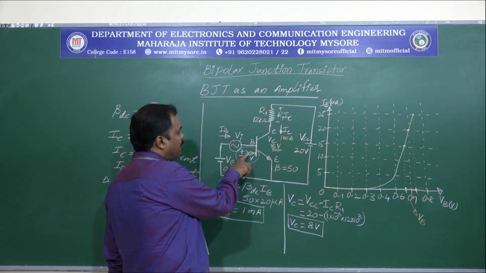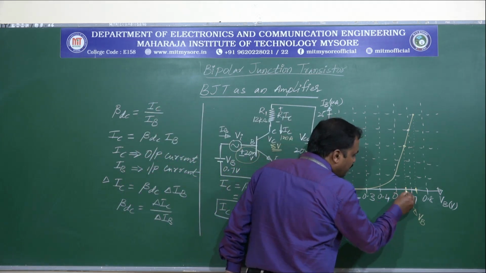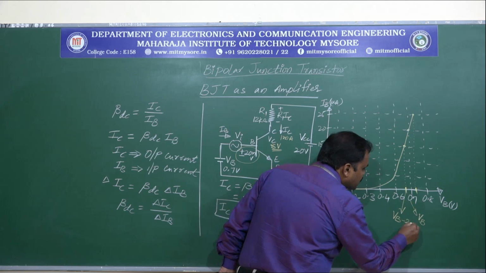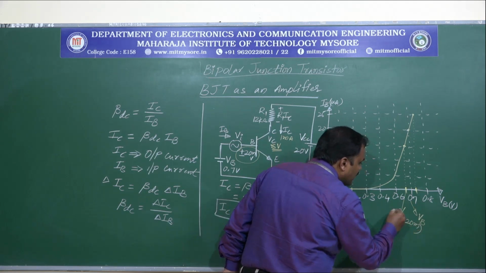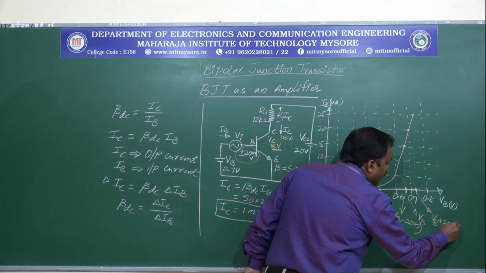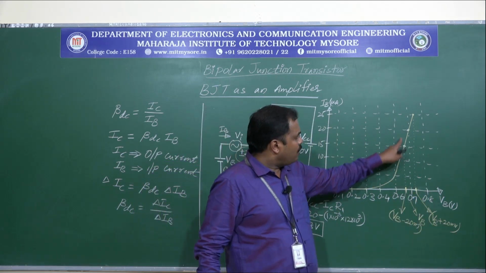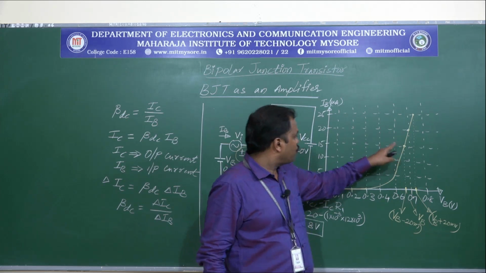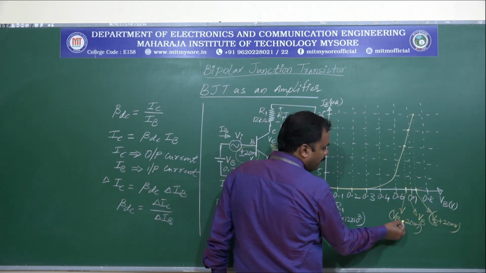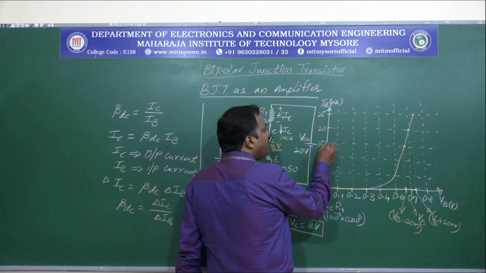This VB will be altered by plus or minus 20 millivolts, so this point is VB minus 20 millivolts and this point is VB plus 20 millivolts. Now look at the graph, the corresponding changes on the base current IB. If we change VB by minus 20 millivolts, we have IB of 15 microamperes.